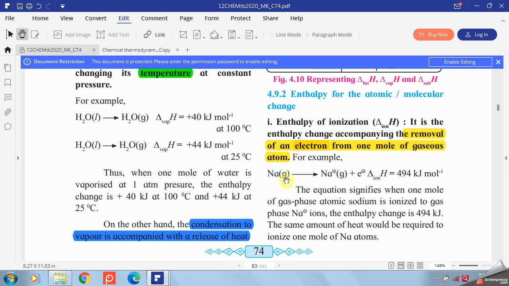So when we remove one electron from sodium gas, it gets converted into sodium positive ion. One electron is lost, so plus one is the charge, and how much will be required? It is 494 kilojoule per mole amount of heat will be supplied to that system.